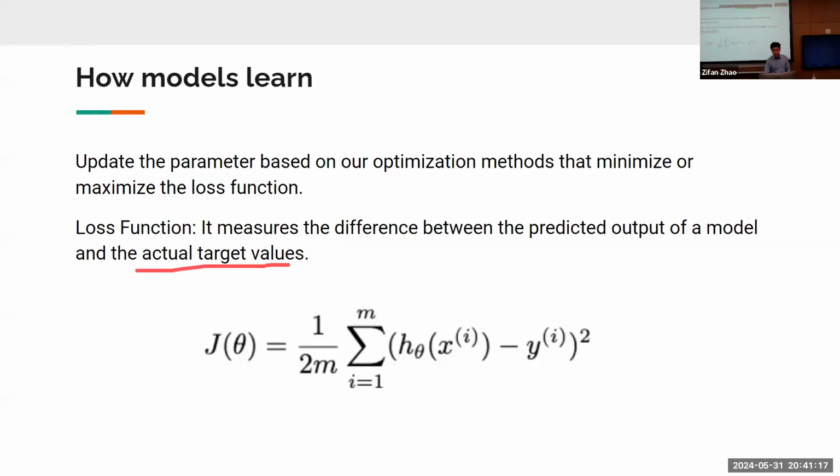We already know them before we start training. The predicted output is the output of the model after we send the input, or the raw data, into the model and do calculations to generate this output. Our goal is to minimize this loss function in order to let the model learn the data patterns from the original dataset.